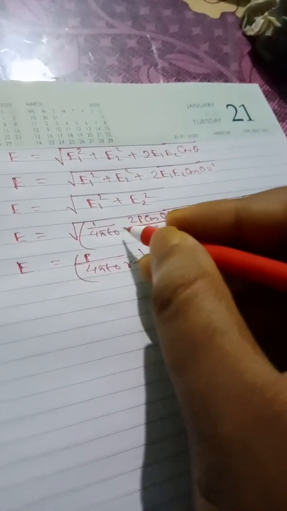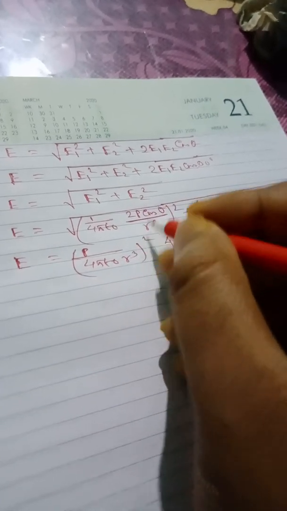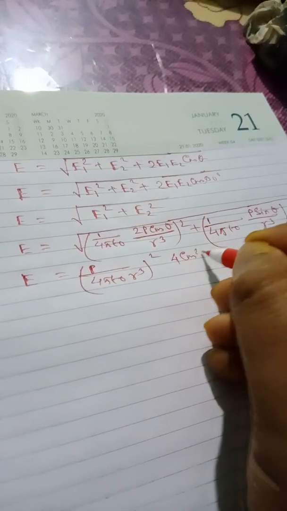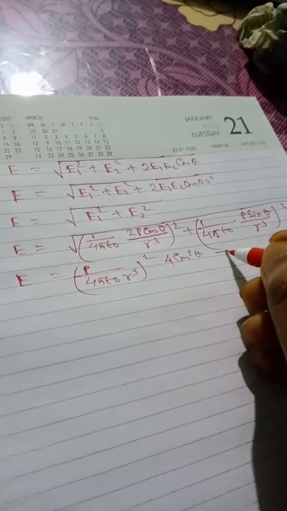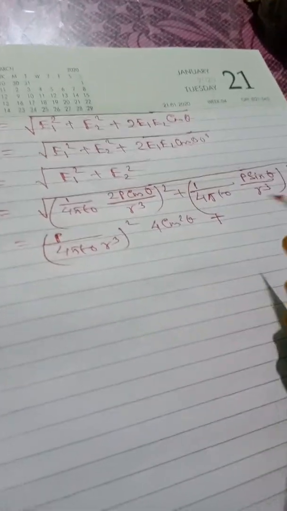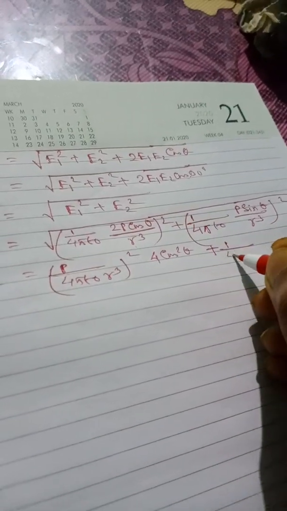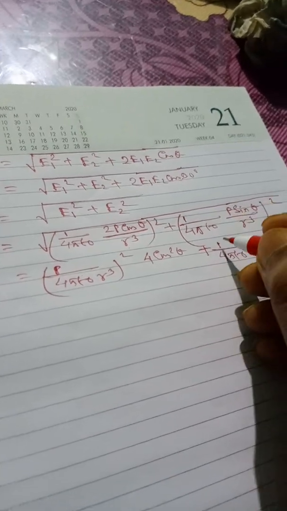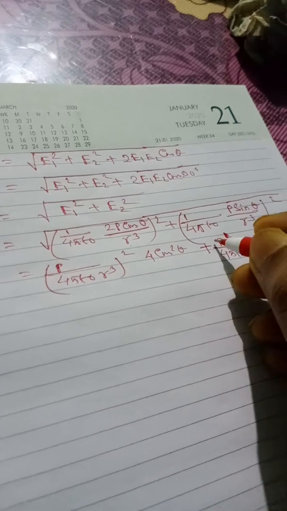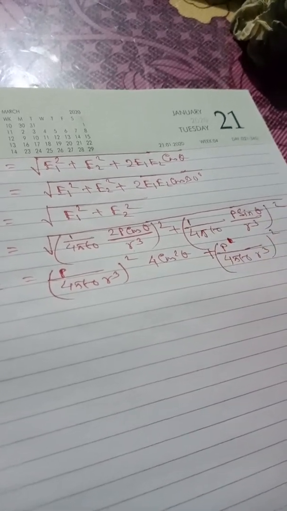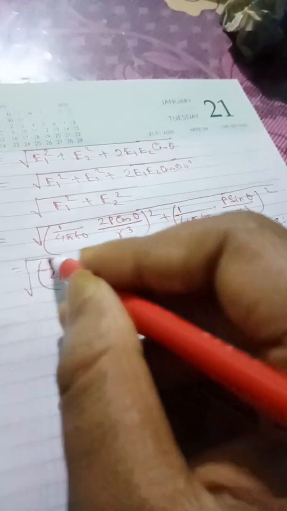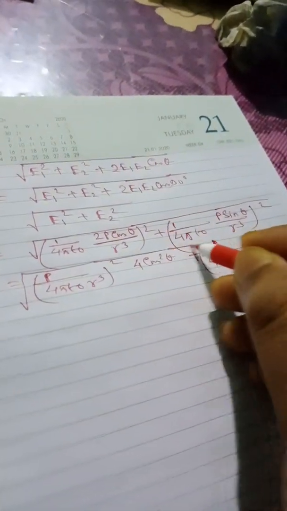So p by 4 pi epsilon naught R cube whole square, and there will be 2 squared means 4, and this is cos square theta, plus here also 1 by 4 pi epsilon naught, this p will be here, so p by r cube, this squared, and there will be sine square theta. This total thing will be under root.